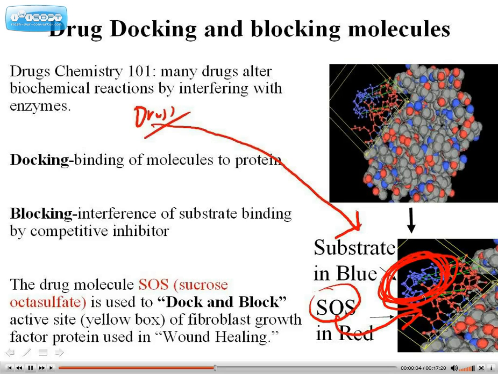This substrate helps catalyze the wound healing process. So oftentimes we need to upset the wound healing process, for example, if a patient were in surgery. So this is a drug which basically docks and blocks the active site from the important substrate responsible for wound healing.